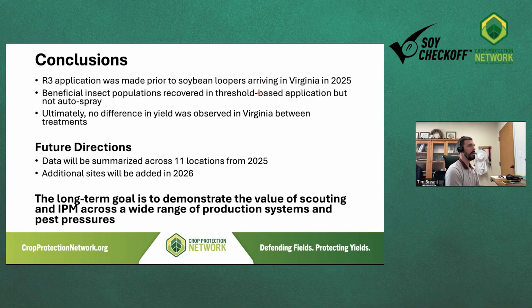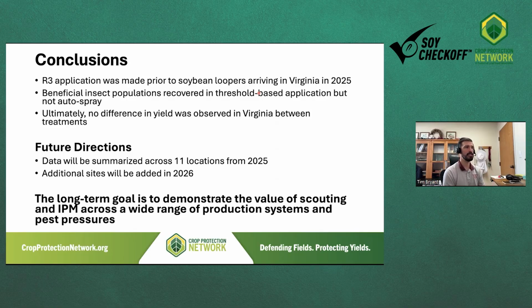What we're starting to demonstrate here, and hopefully we'll continue to as we get more data from different sites and more years of the study under different pests and environmental conditions, is that these automatic applications usually aren't going to provide a return on investment for the grower, and that it really does pay to scout. We're going to summarize the data that we got from this year, and we're going to add additional sites in 2026, in addition to replicating it at the sites we had this year.